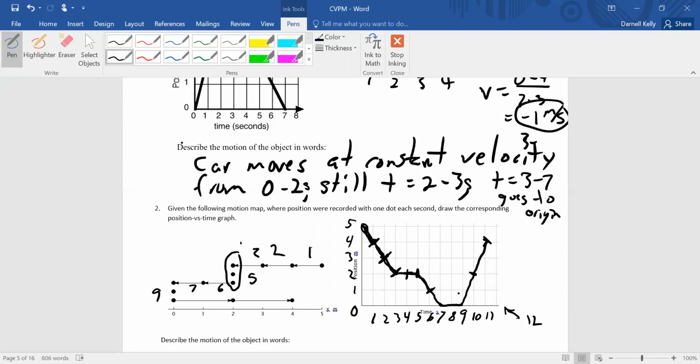So what kind of slope is going from 5 to 2 meters? Positive or negative? Negative? Absolutely. Negative slope. But just go ahead and take that and we'll do it together.